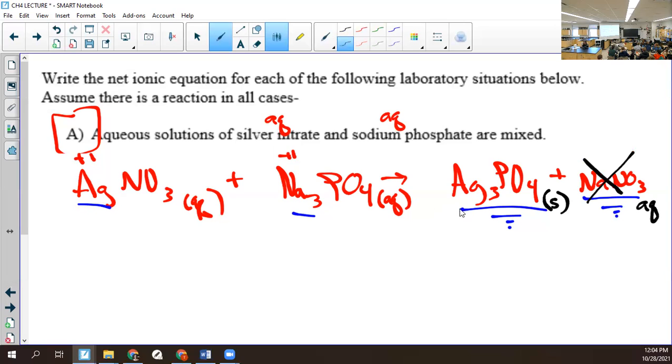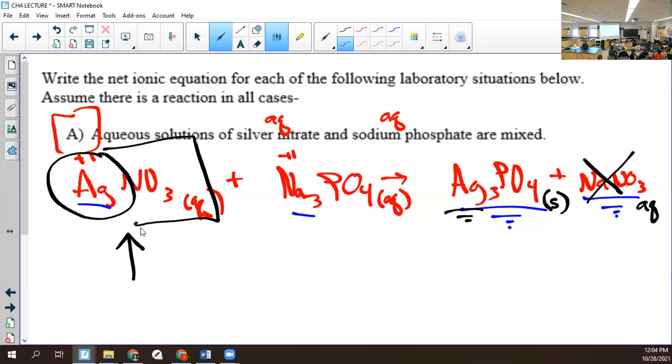Silver. Silver is very commonly delivered in silver nitrate because silver usually forms precipitates, but not here. So it's something I can use to deliver a precipitate maker that was aqueous in the first place. It's really common. Silver and lead are like that.